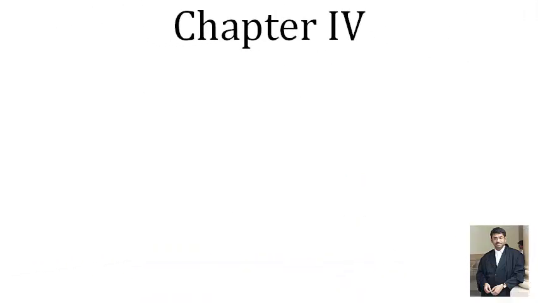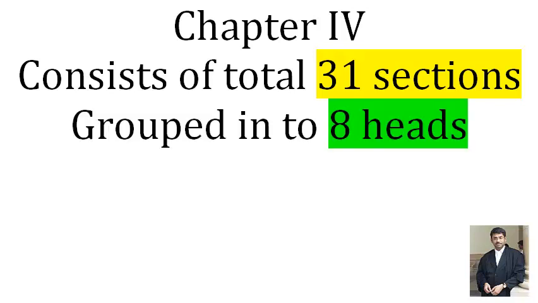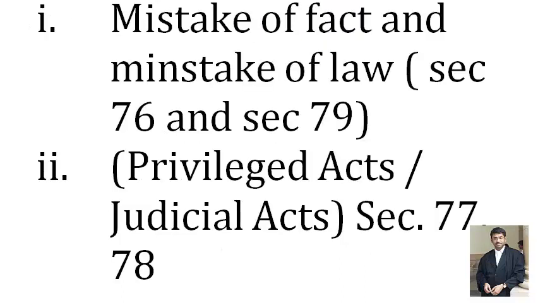Chapter 4 of the Indian Penal Code consists of a total of 31 sections, and these 31 sections can be understood by grouping them into 8 heads. The first group is of mistake of fact and mistake of law, that is relating to sections 76 and 79.